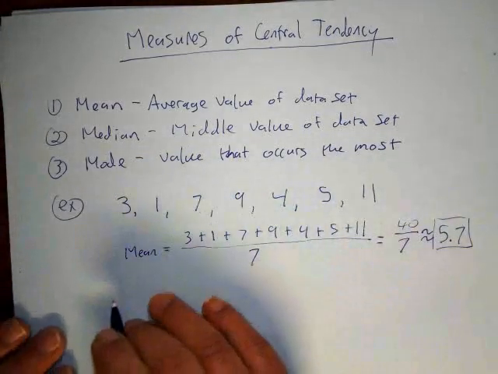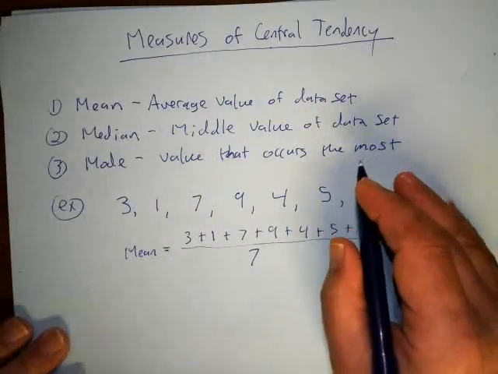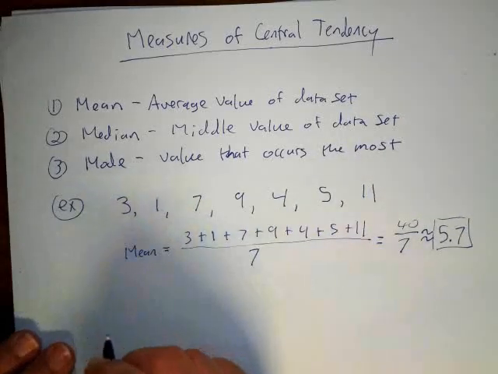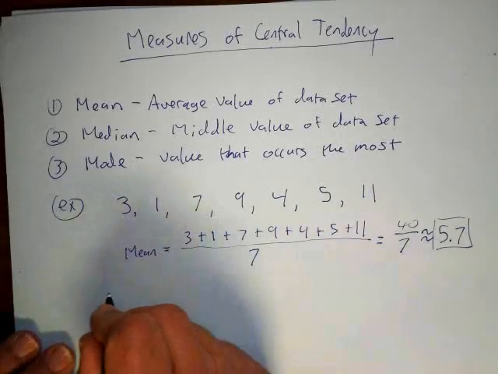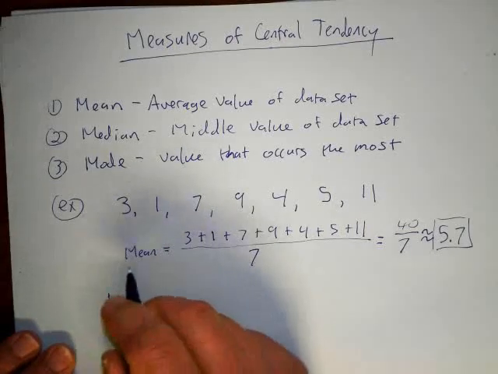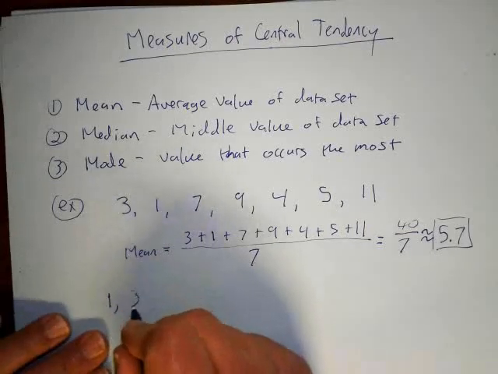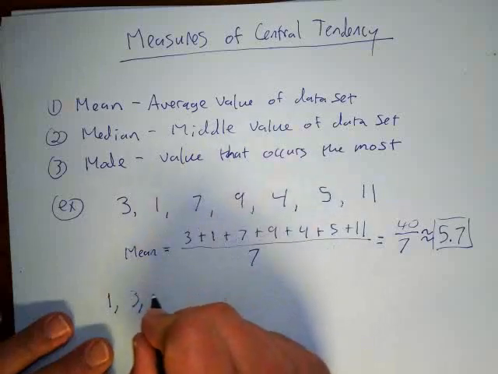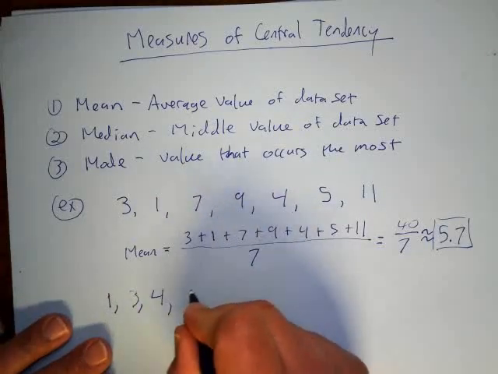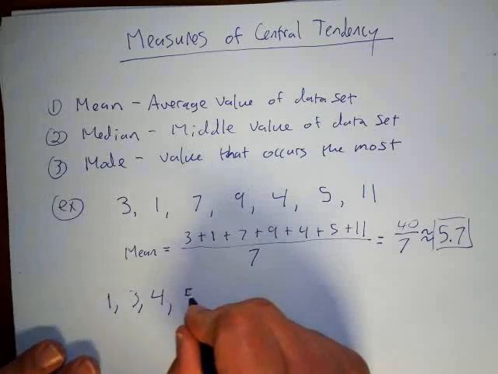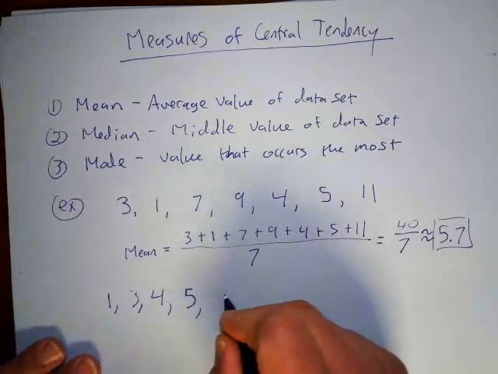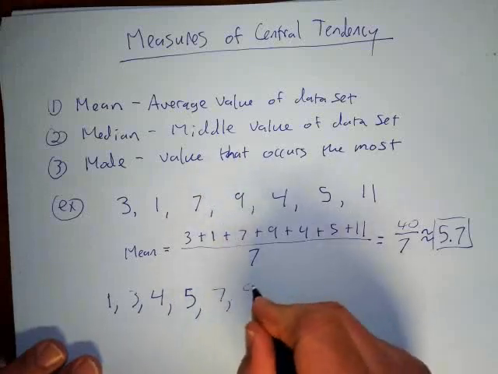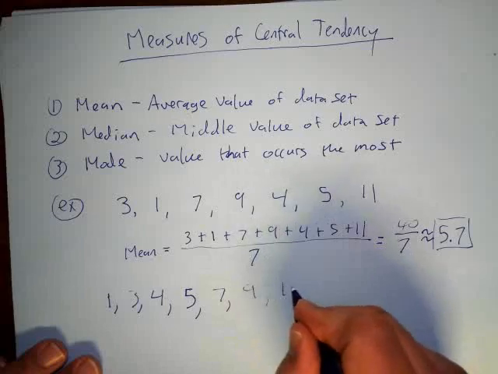For the median, this is the middle value of the data set. What you have to do is put the data in order first, from least to greatest. So we have 1, and then 3, and then 4, and then 5, and then 7, and then 9, and then 11.